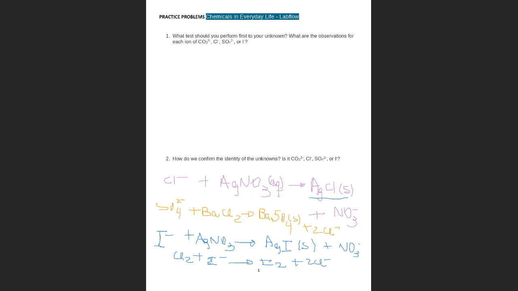This is another confirmatory test because it gives that brown color to the water, and then we add mineral oil. It actually is a nice test to do because iodine is more soluble in the mineral oil. It will give you kind of a violet color. So that's another confirmatory test for iodine. And then let's see, what does it say here? How do we test ammonium salts in this experiment?